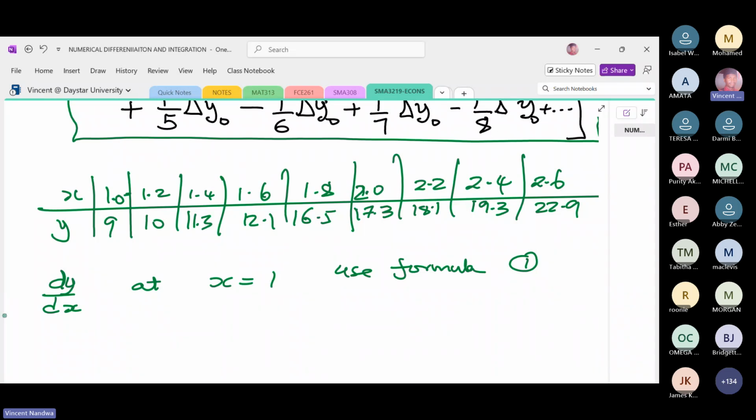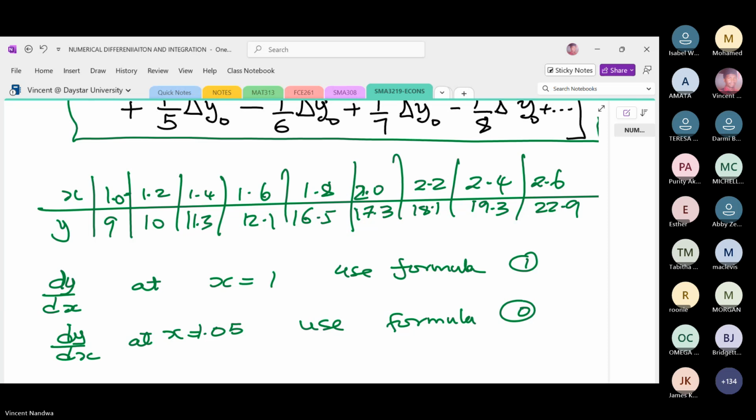But if you are asked to find dy/dx at 1.05, then we use formula 0. Because the number 1.05 cannot be read from this list of values of x.